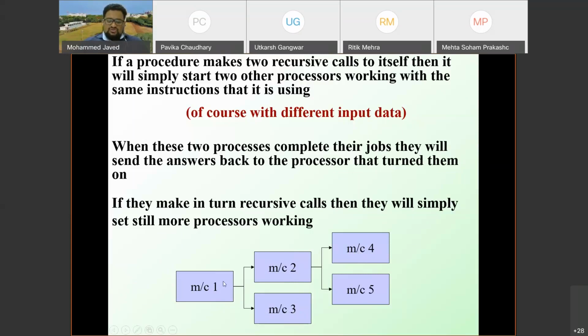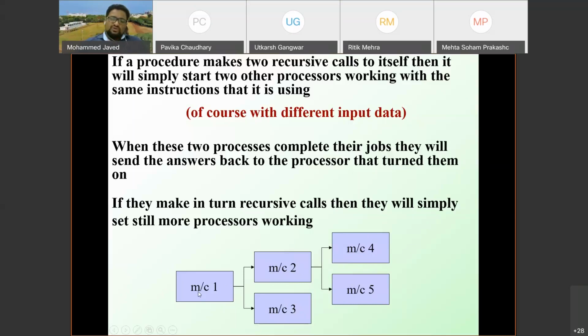So 4 and 5 are the children of 2, and 2 and 3 are the children of 1. Once they are ready with the answer, they give it back to machine 2, and machine 2 and machine 3 give the answer back to machine 1.